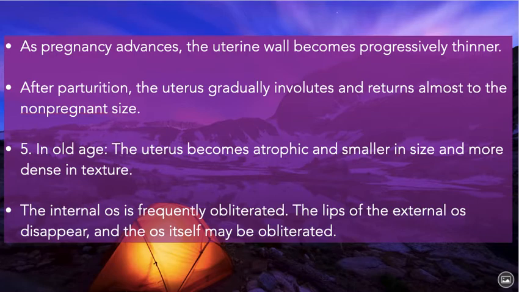As pregnancy advances, the uterine wall becomes progressively thinner. After parturition, the uterus gradually involutes and returns almost to the non-pregnant size. In old age, the uterus becomes atrophic and smaller in size and more dense in texture. The internal os is frequently obliterated. The lips of the external os disappear and the os itself may be obliterated.